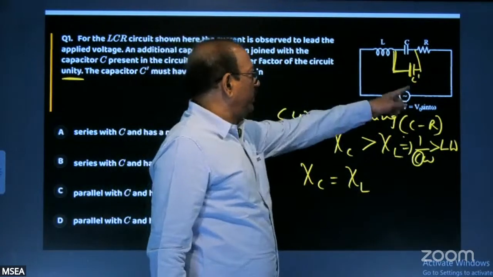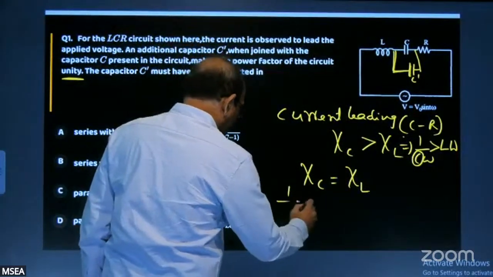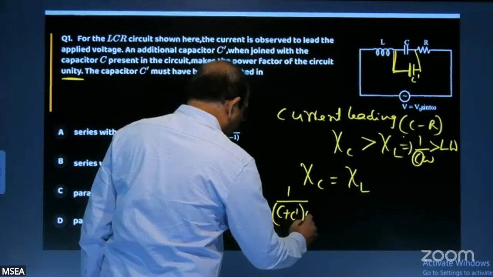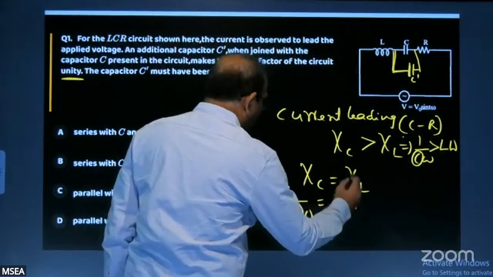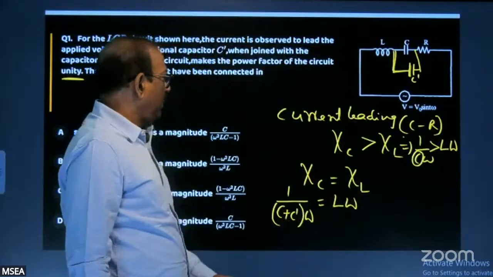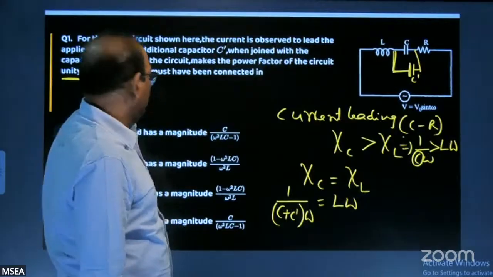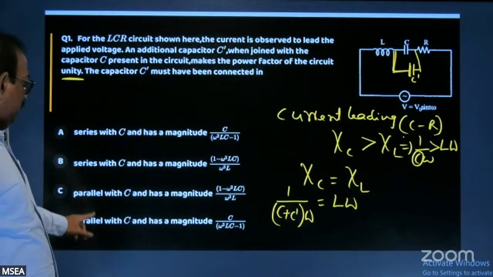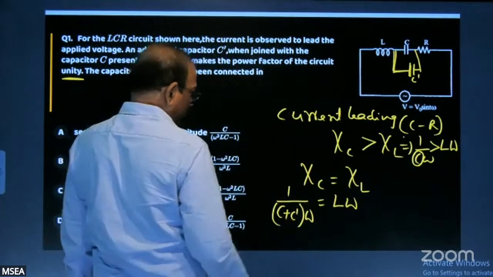Then the net capacity becomes C plus C dash, and the capacitive reactance becomes 1 by (C plus C dash) omega. This value is becoming equal to L omega. From this I have to find C dash. First, the capacitor must be connected in parallel, so the second or fourth option is the answer.